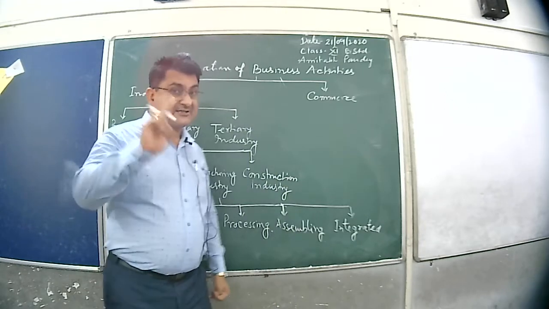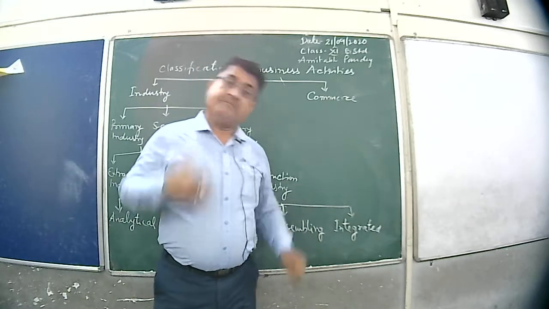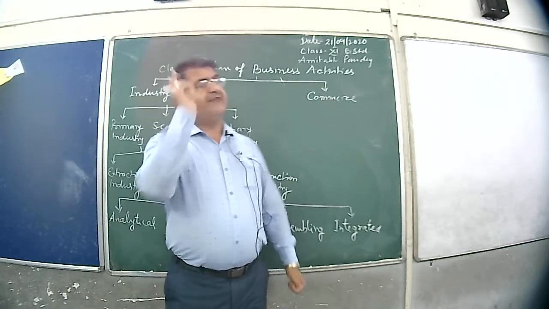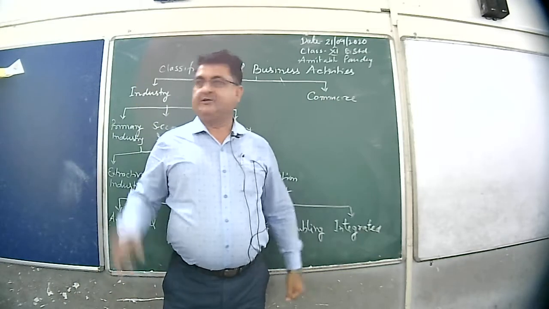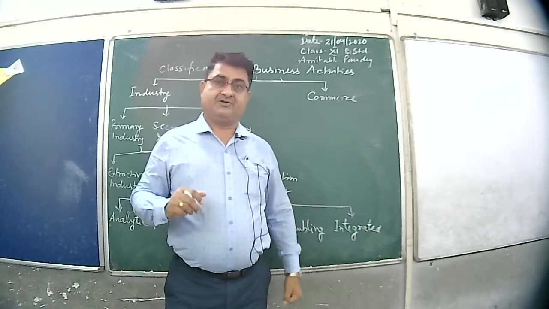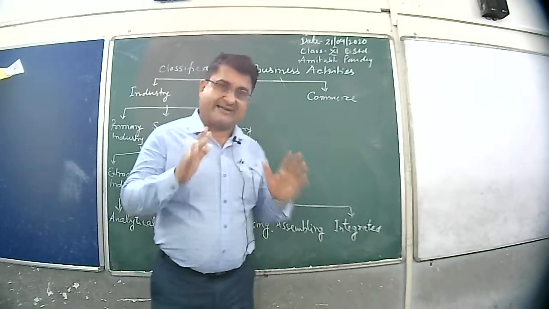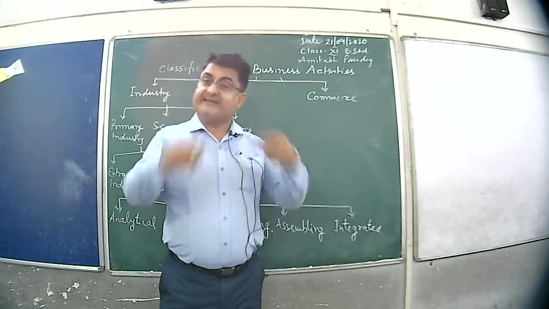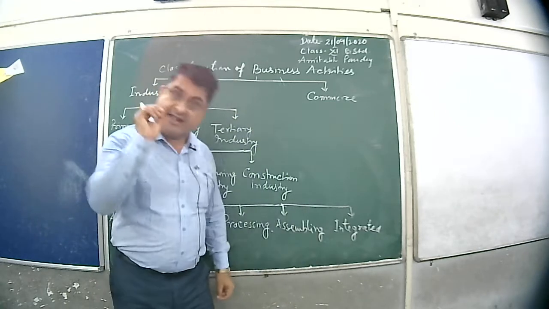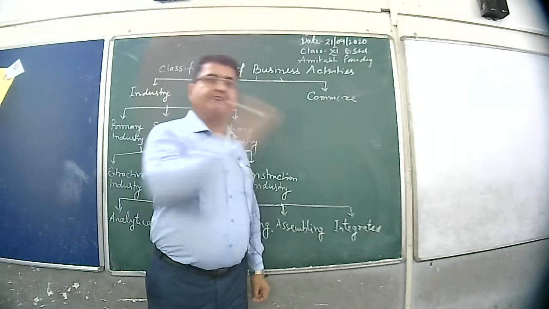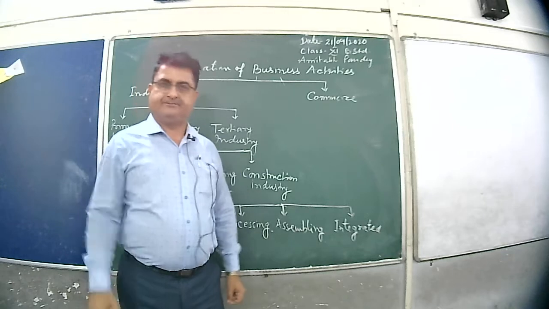But this is not an easy task. There exist many hindrances in the flow of goods from the producer industry to the end consumer. Commerce refers to the sum total of all those activities which remove all these hindrances and ensure a smooth flow of goods from producers to the ultimate consumer.